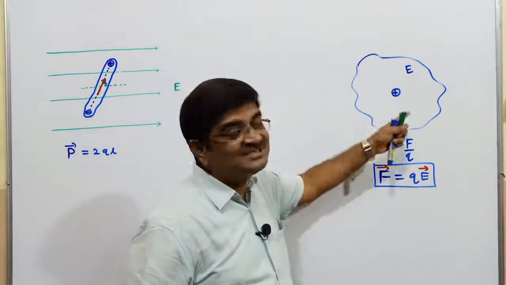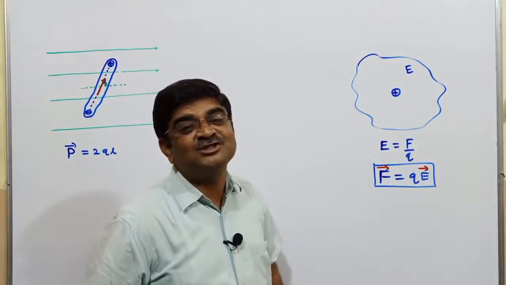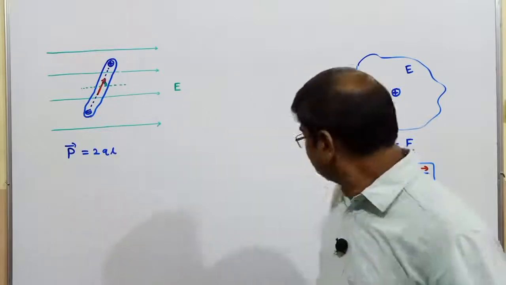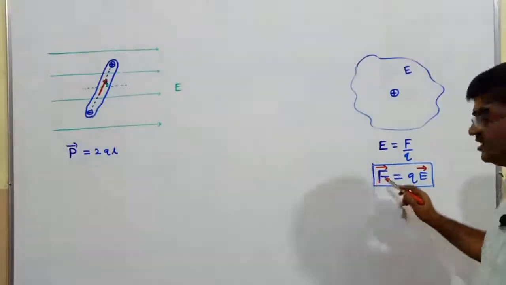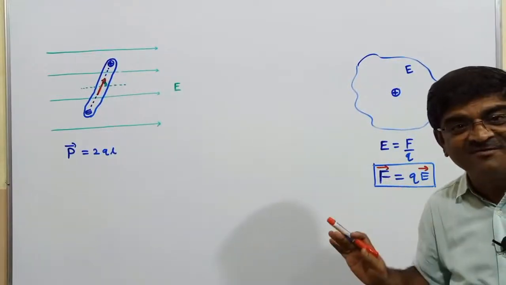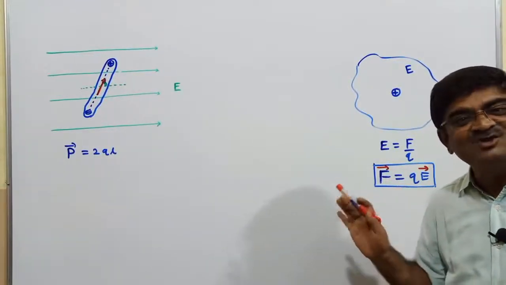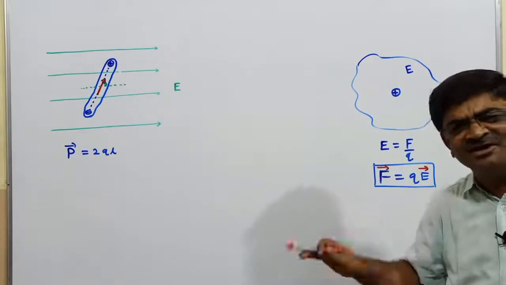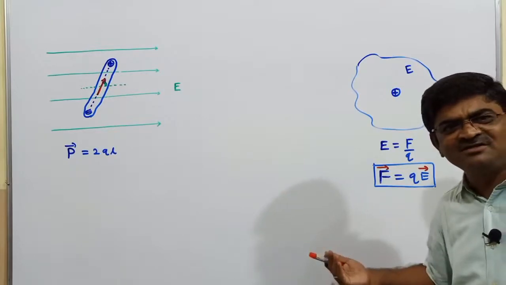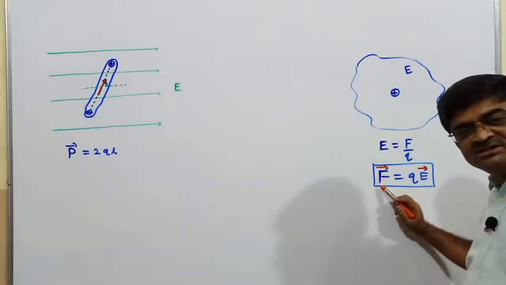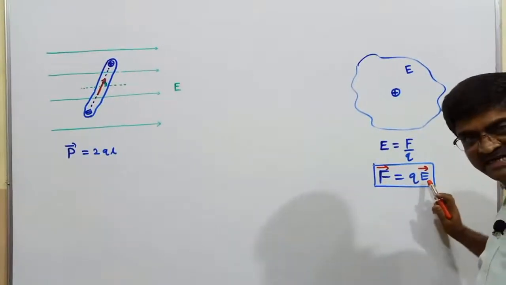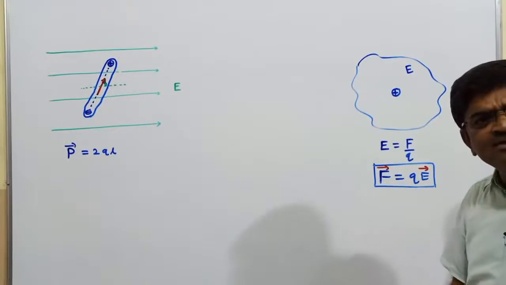If I have this charge as positive, what's the direction of force on a positive charge in the electric field? I would say a positive charge experiences force in the direction of electric intensity, or roughly, in the direction of the electric field. In fact, field is not a quantity, but often we say electric field for E. Don't catch hold of me if I say it by mistake. So force has the same direction as that of the electric intensity if the charge is positive.